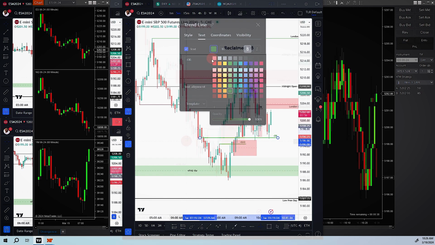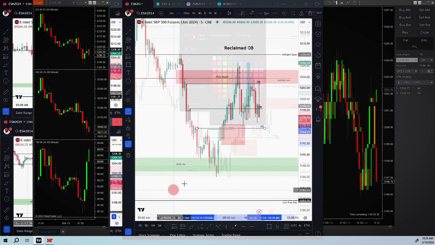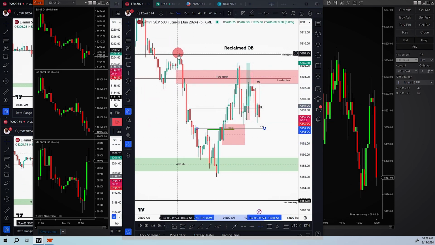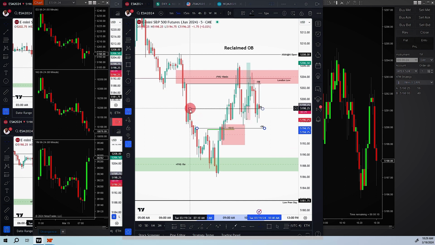Once we get to the other side, let's back up. On this side, you're hedging, right? So when you see down close candles that spark an up move, it sparks the opposite.